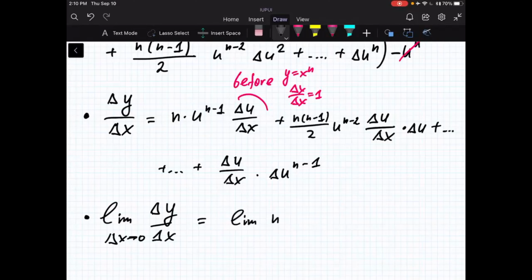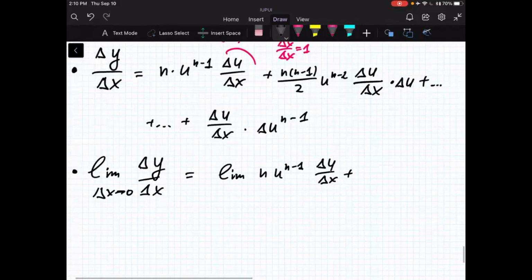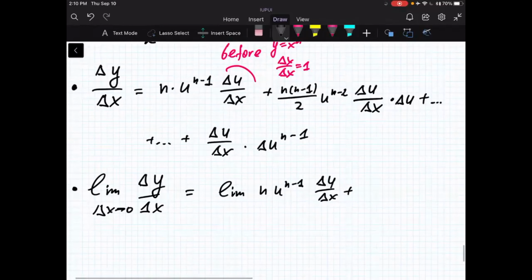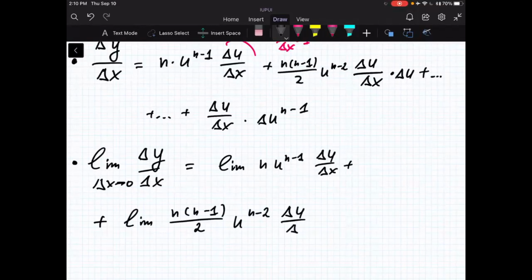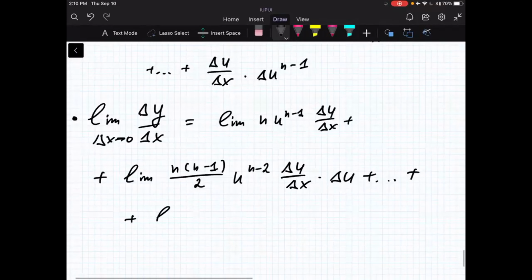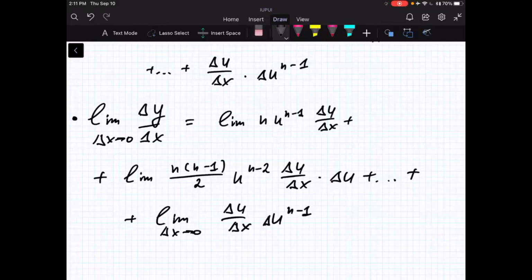Limit of n u to the power n minus 1 delta u over delta x, plus limit of n minus 1 divided by 2 u to the power n minus 2 delta u over delta x times delta u, plus so on, plus the limit as delta x goes to 0 of delta u over delta x times delta u to the power n minus 1.